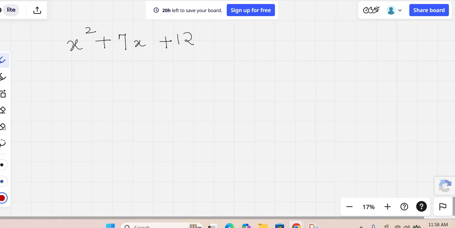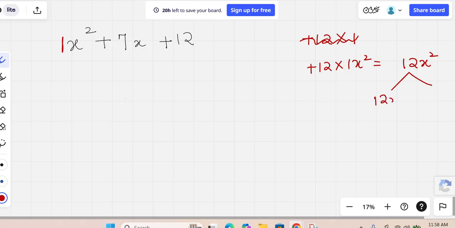So here, the coefficient of x square is 1. First step is plus 12 into 1, or you can also say plus 12 into 1x square. How much is it? 12x square. Find the factors of 12. 12x into 1x will give you that. 2x into 6x will give you this. 4x and 3x will also give you that.